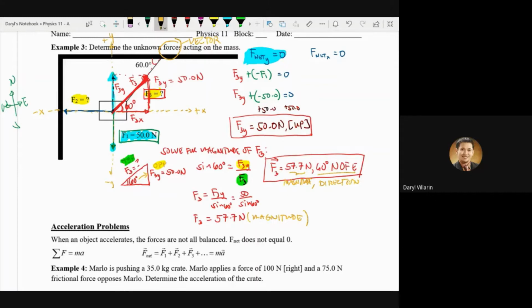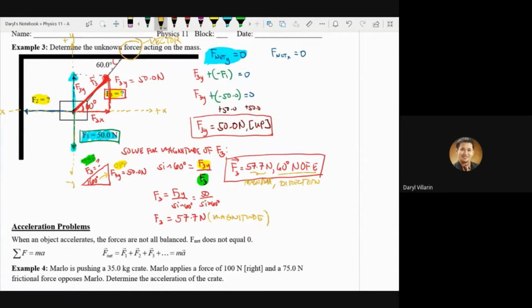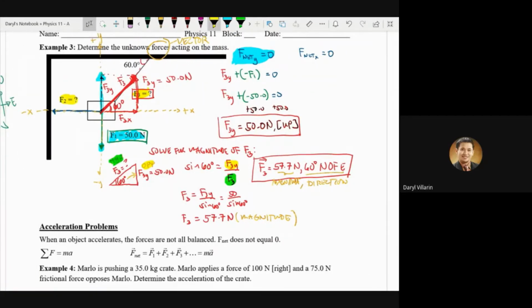So therefore, I'll be using the X component because F2 is along X. So you have here this and this force: F3X and F2.